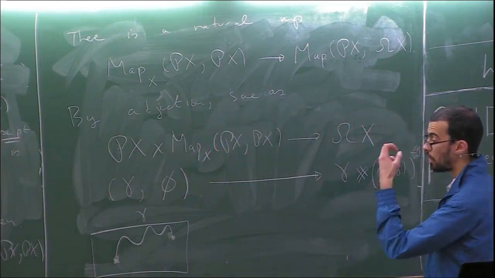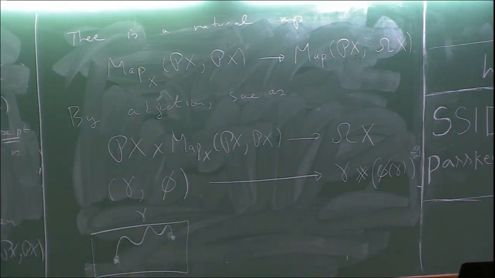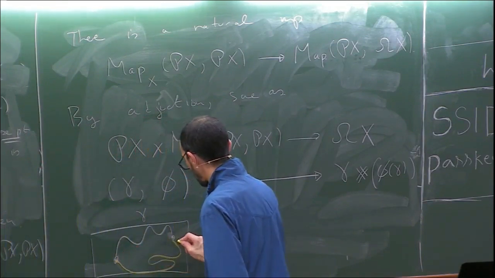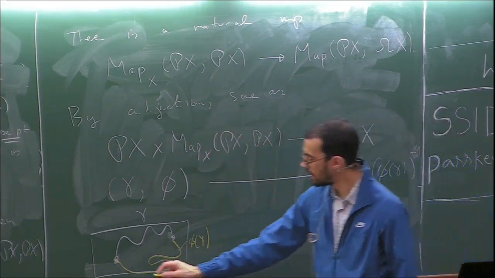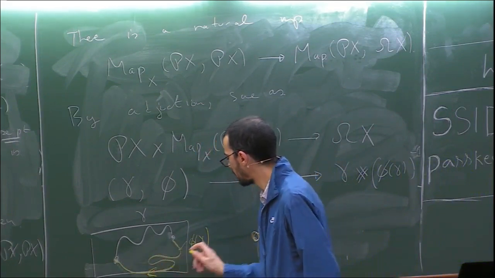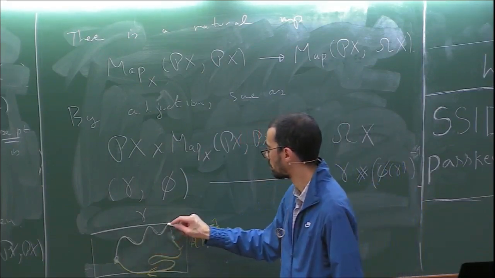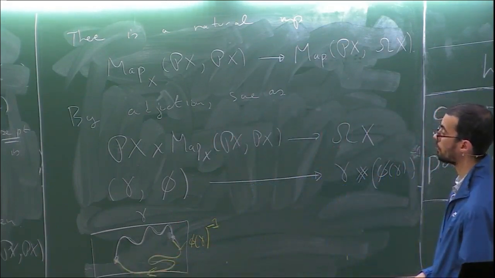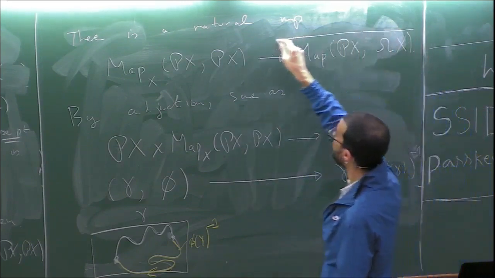Now this path gamma, if you apply phi to it, you get something called phi of gamma, which has the same endpoint. This phi gamma inverse says, well, instead of thinking about it as a path from here to here, think about it as a path in the other direction. And the concatenation is the loop that you get. Okay. So this form is the form that is clearest geometrically, but this form is the one that I want to use.